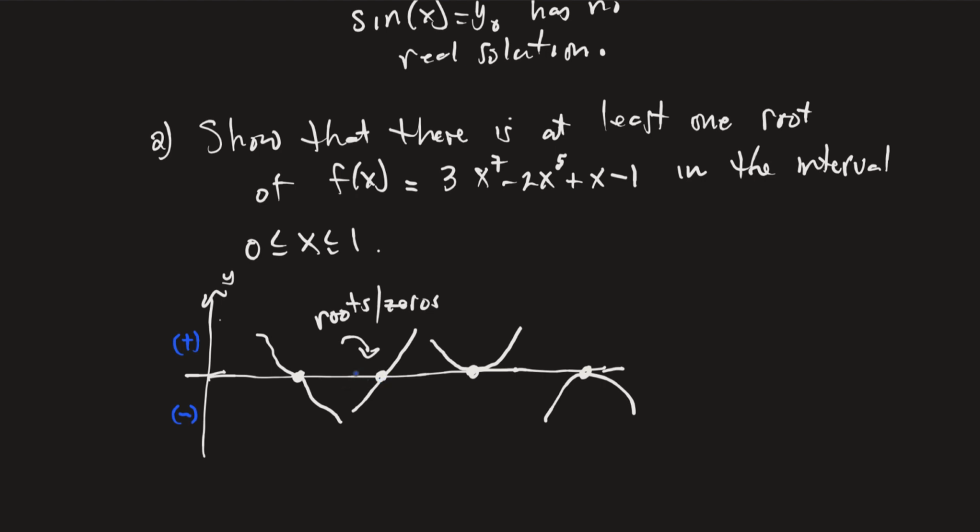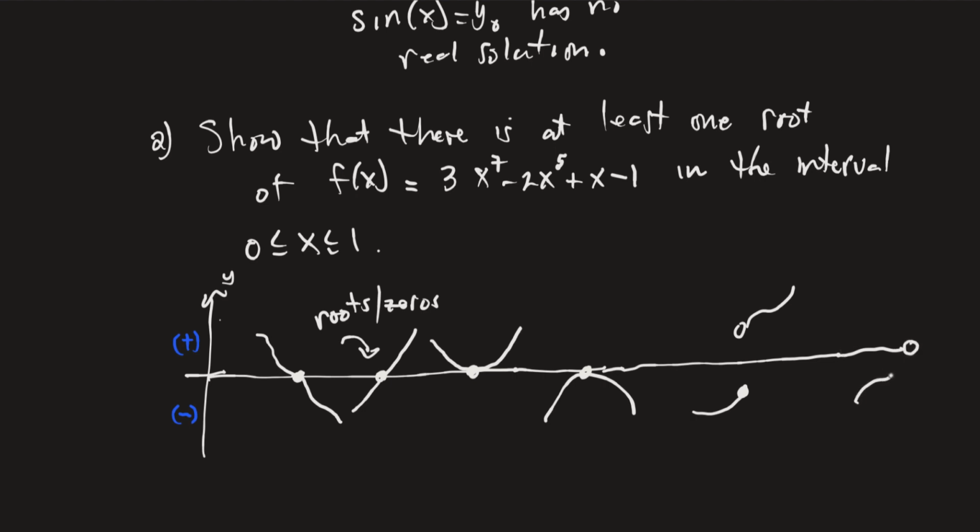But you can't always just say, okay, if the function changes from positive to negative, then it has a root, because that's not true. Here's an example of a function that I will draw so that it changes from positive to negative, but it will not have a root. The function could have a jump where it just decides to jump over the x-axis like this. Or what if it just happens to have a hole right at the x-axis?